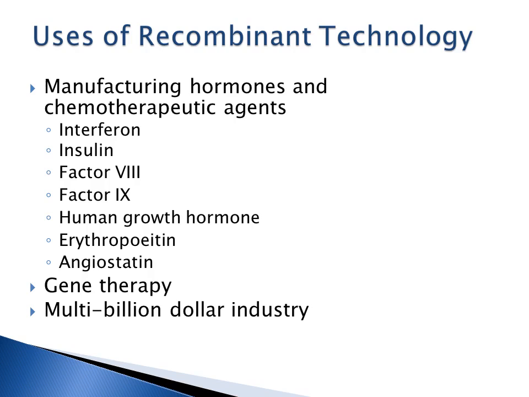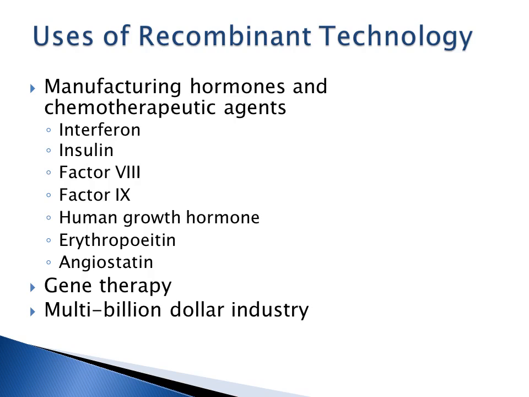There are various uses for recombinant DNA technology, such as manufacturing hormones and chemotherapeutic agents. There are numerous agents that are made using recombinant DNA, such as interferon, insulin, factor VIII, factor IX, human growth hormone, erythropoietin, angiostatin.